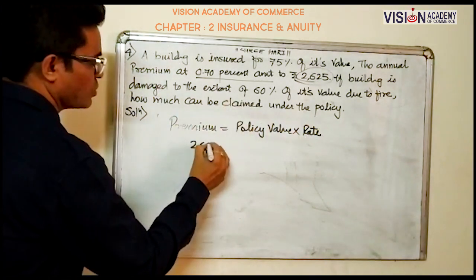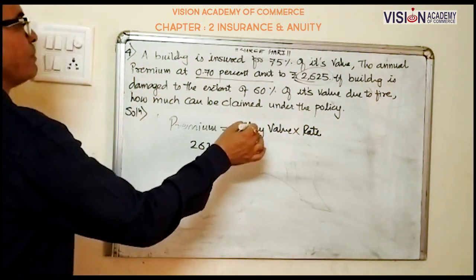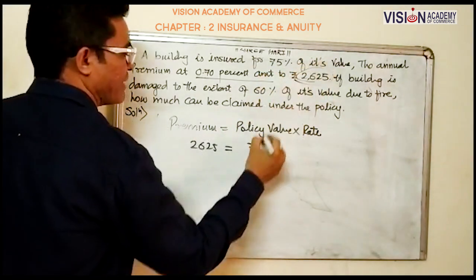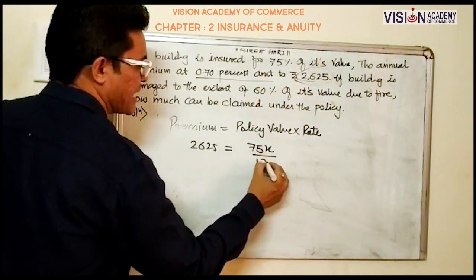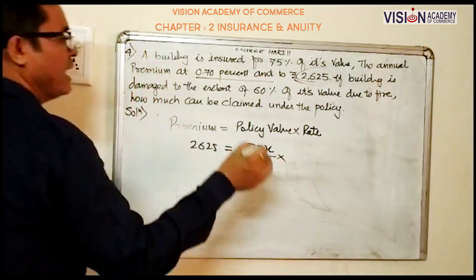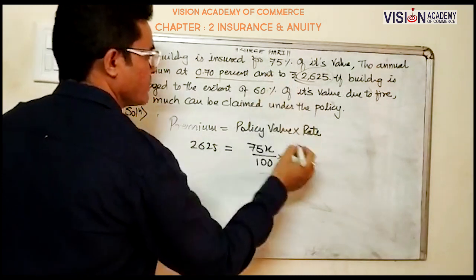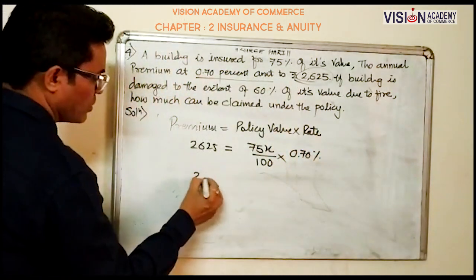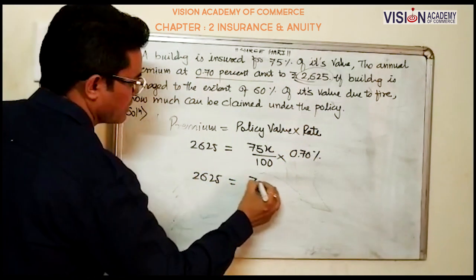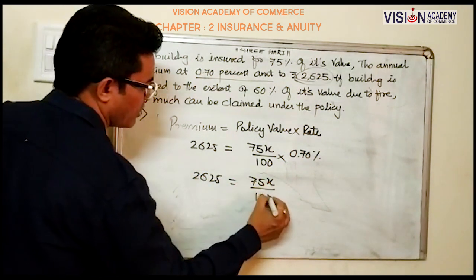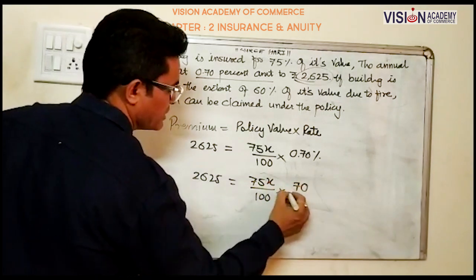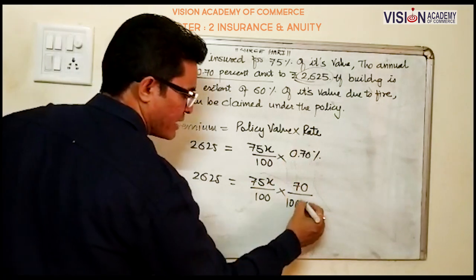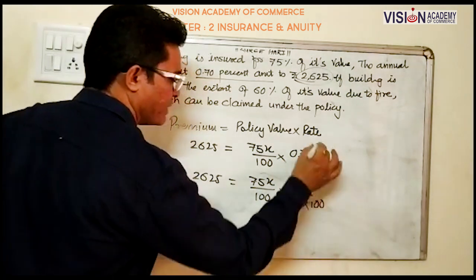Premium is rupees 2,625. Your policy value is as per the 75%, 75X upon 100, and the rate is 0.70%. So 2,625 equals 75X upon 100 into 0.70, which is 70 for the decimal part over 100, and this 100 for your percentage.